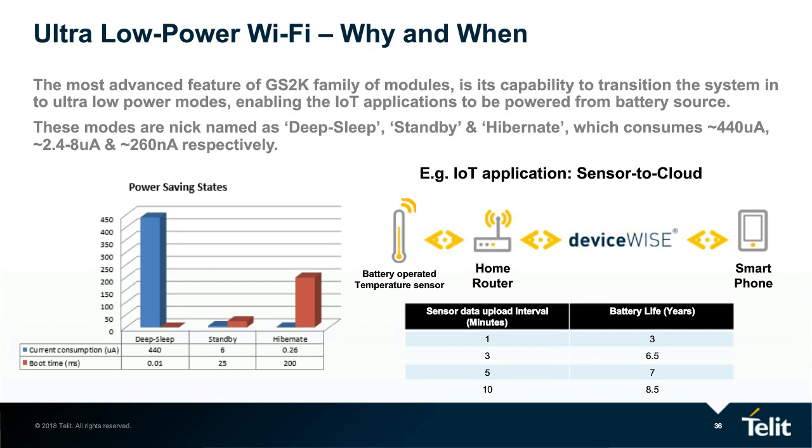That means the temperature data is uploaded to the cloud every minute or every 3 minutes. And using a AA battery, the GS2K Telit modules will be able to achieve approximately 3 years of battery life. Now, that's pretty significant. Now, let me just jump back.